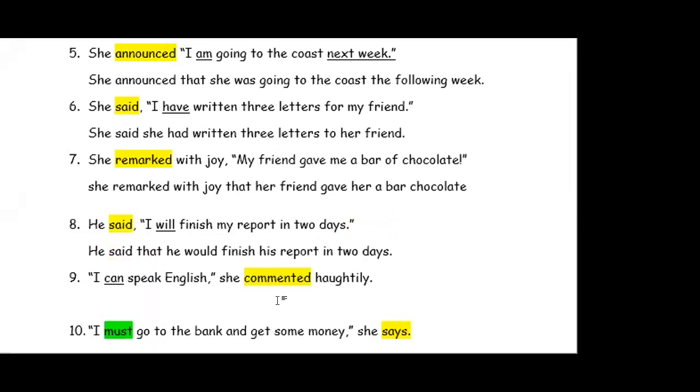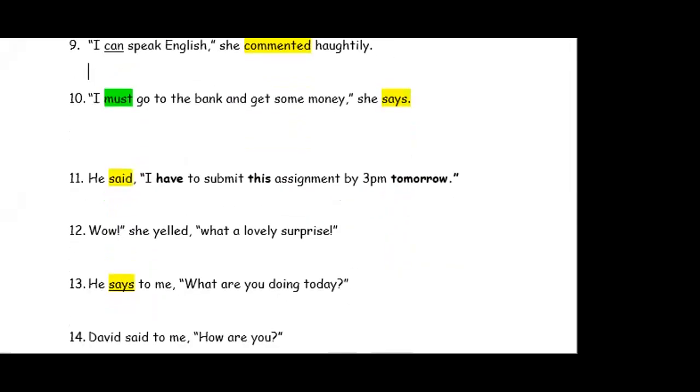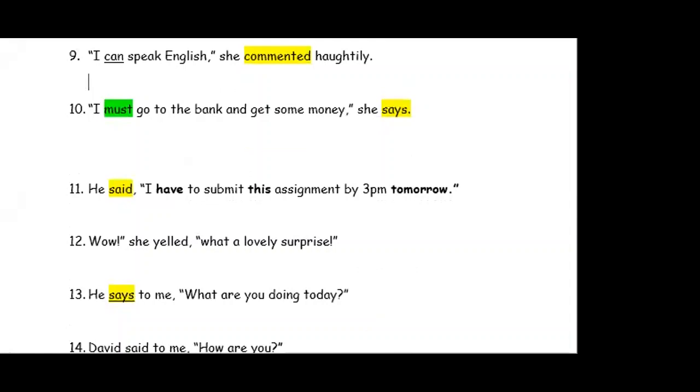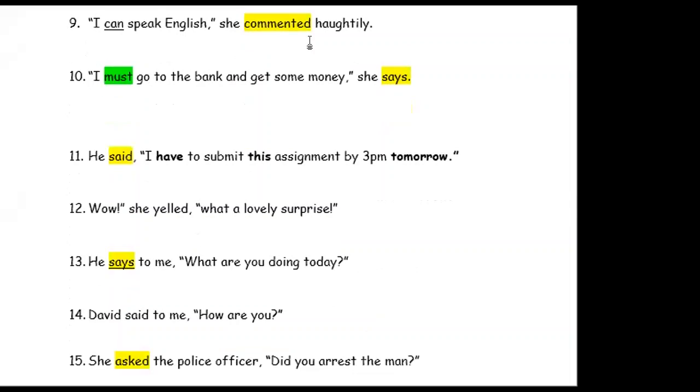Okay, so we're nearly reaching the end here. I just want to cover all the different types of sentences you can get before we end the call. "I can speak English," she commented haughtily. When you comment haughtily, you're kind of proud of yourself. So this is also in the past tense. Let's hear from Lee.